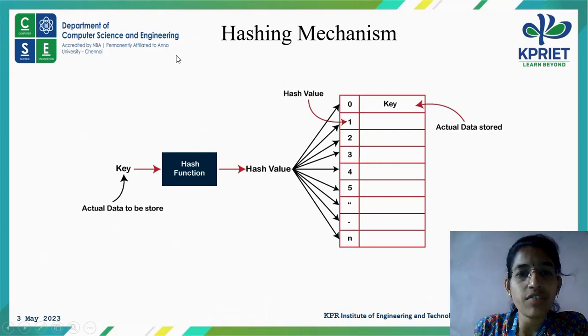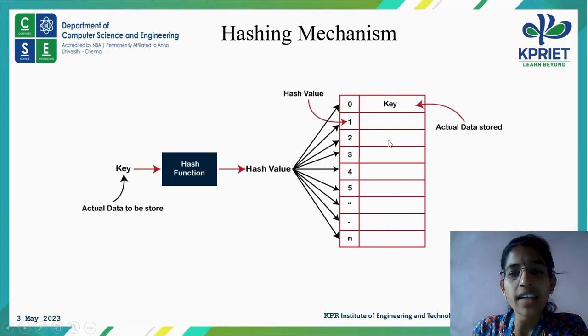In hashing, we have three components. The first one is the hash function. This hash function generates the hash value from our data. Based on this hash value, our data are stored in the hash table. For example, I give any one key.